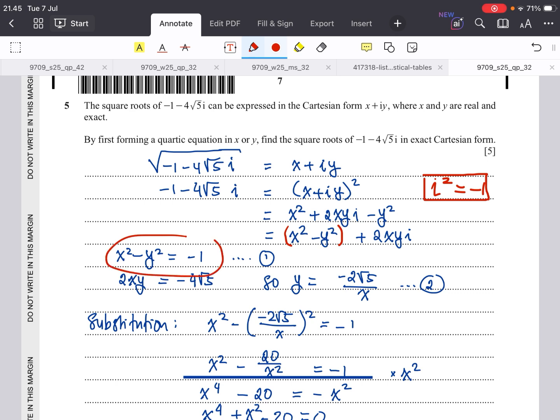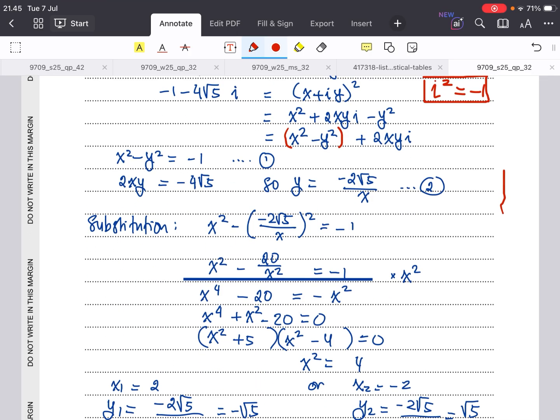The first equation will become this one. It will be in terms of x only. And then, since we don't want to have a fraction, we multiply by x squared, both sides. And then we simplify into a quartic equation in terms of x.